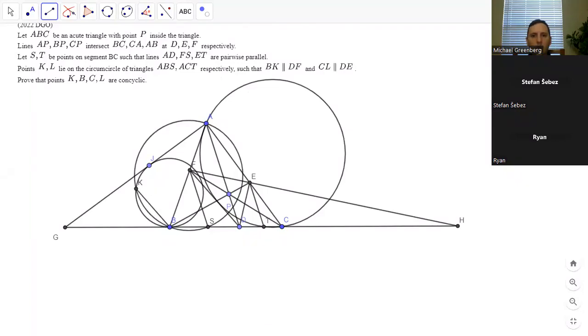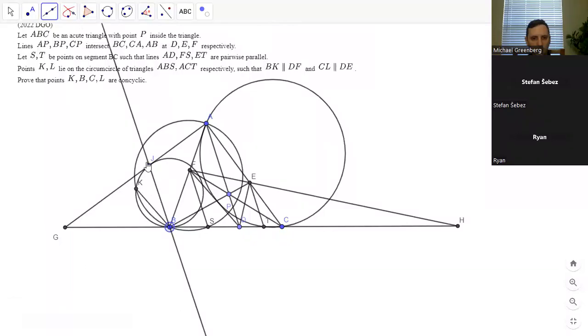The proof wasn't difficult, so it is a bit strange. So what I did: intersect BJ with AS. Okay.